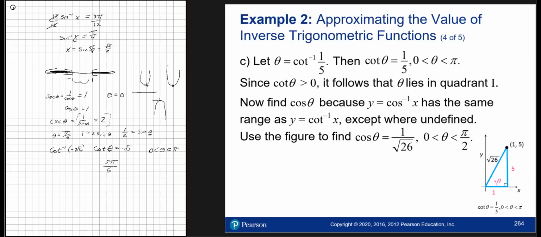So which cotangent has negative 1/2? All right, again, they built the triangle because I know the x value is 1 and the y value is 2, but the angle has to be in this interval.